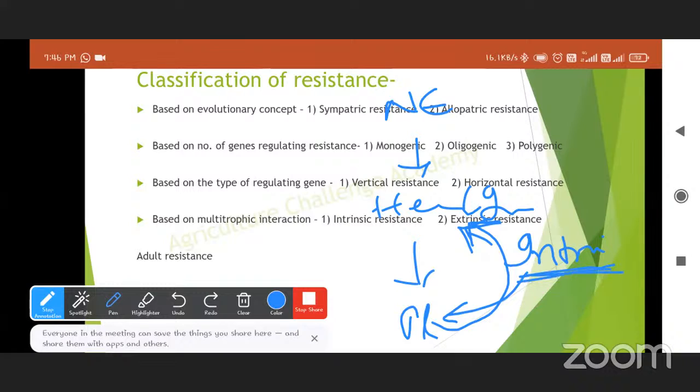So these factors are the intrinsic factors. That's why it is known as intrinsic resistance. Okay. It may also be by producing toxic chemicals like allelochemicals, antifeedants, repellents, and many things. Means the plant is directly affecting the insect.